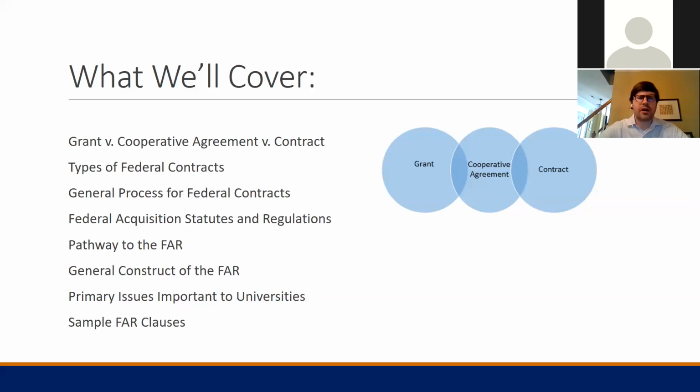Talk a little bit about the legal framework that underscores the FAR and how the FAR comes into being legally and allows the federal government to use the FAR to procure what it needs.